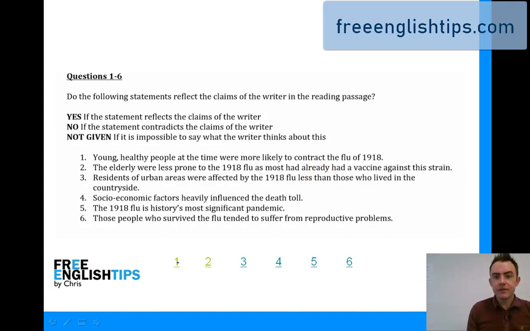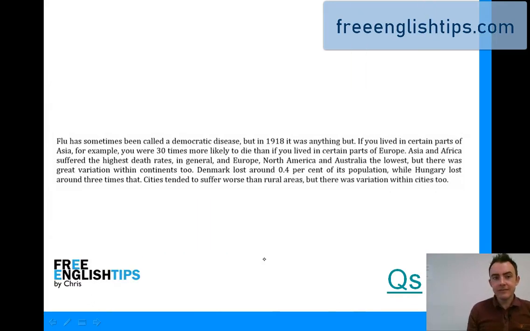All right, so let's have a look at question 3. Question 3 says, residents of urban areas were affected by the 1980 flu less than those who lived in the countryside. So you have to remember the section that talked about where people lived. And I found that in this section here, which says that cities tended to suffer worse than rural areas.